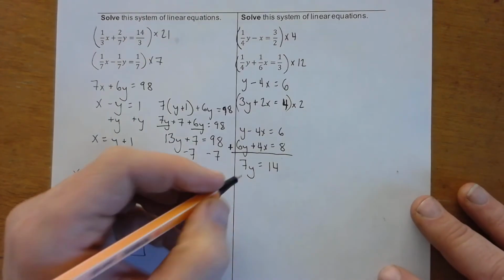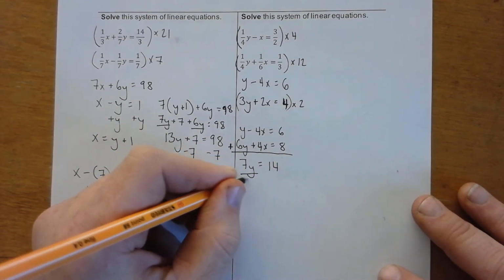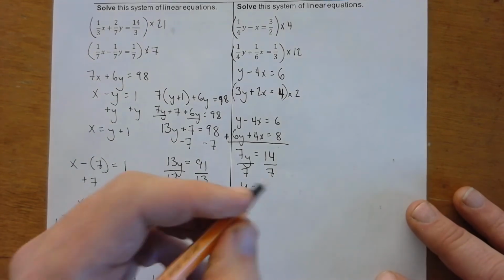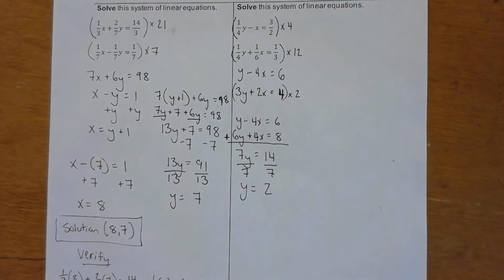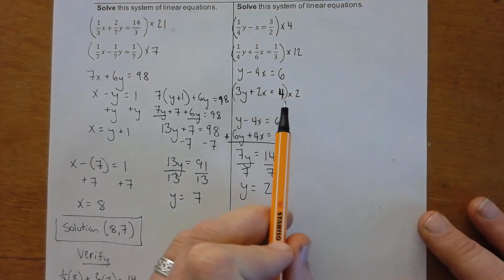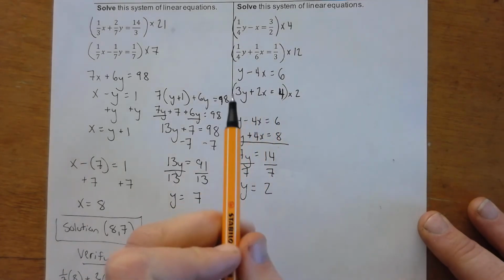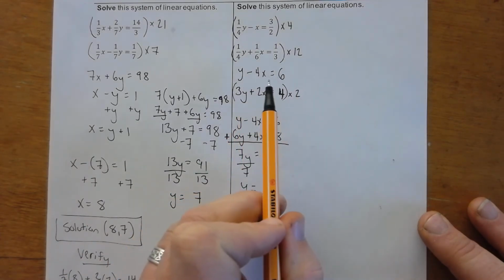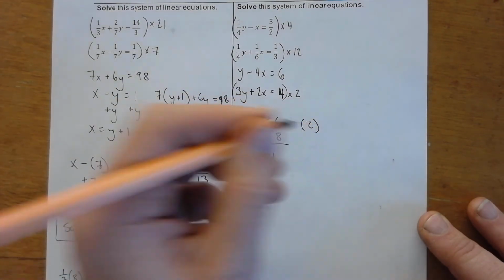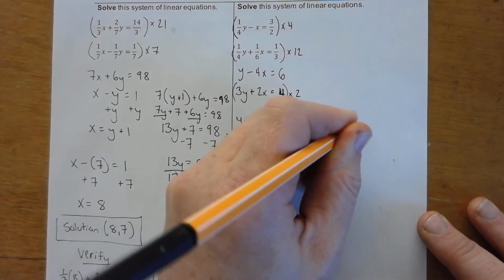Now I solve for y. I'm going to divide by 7 to get rid of that 7 and isolate my y. I get y equals 2. I take y equals 2 and plug it into one of these equations up here. I'm going to pick that first one: y take away 4x is 6. So y, which is 2, subtract 4x equals 6.